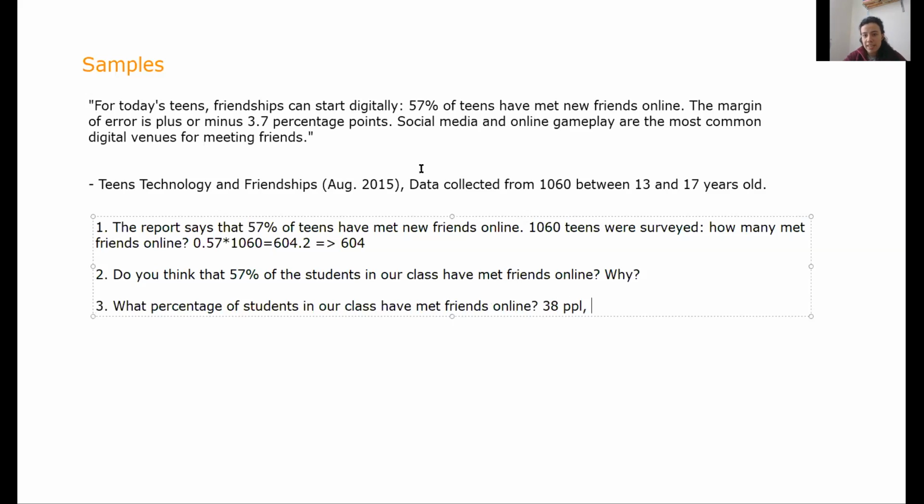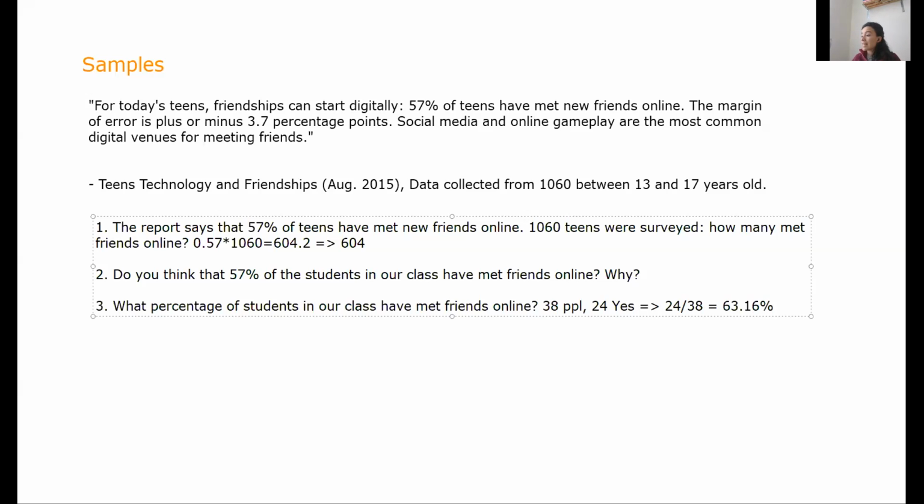And of those 38, 24 said yes. 63.15%. 63, yeah, so that means that 24 over 38 is equal to 63.16%.